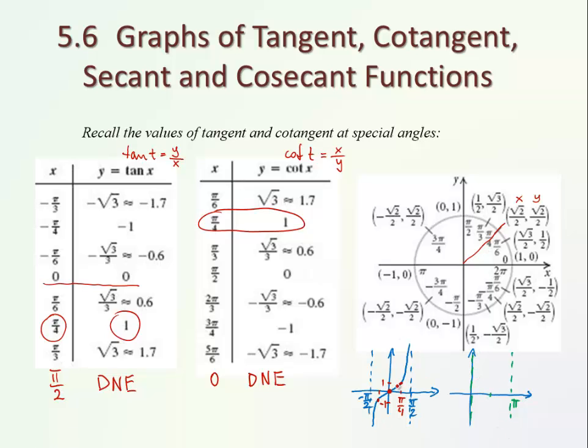So the three important points are the center at pi half, and then at pi quarter we have 1, and at 3 pi quarters we have negative 1, somewhere here. We connect these three points. So the graph looks somehow like this. And obviously this branch repeats itself.